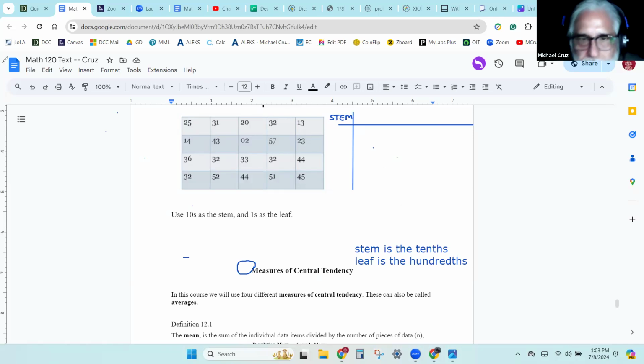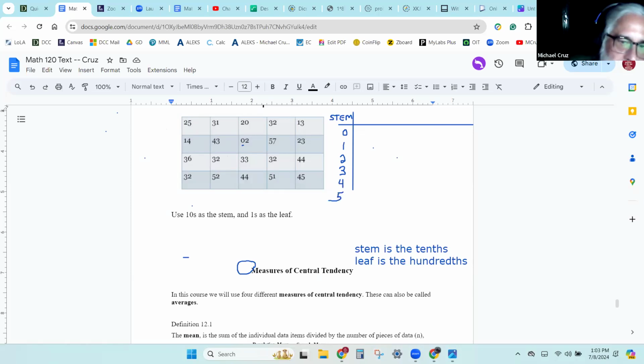Now the stem is the tenths. So the lowest one is a 0. We've got plenty of teen ones, 13 and 14 and such. So that would be a 1. We've got 2s. See, 25, 20, 23. So we're going to put that there. We've got some with 3s, 30s. And then 4.